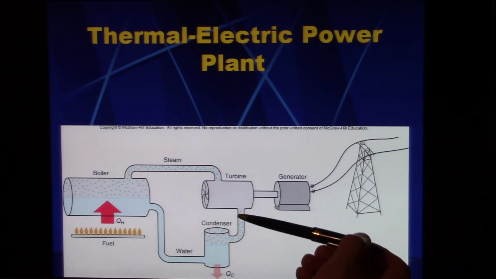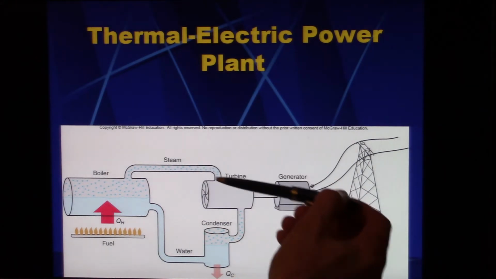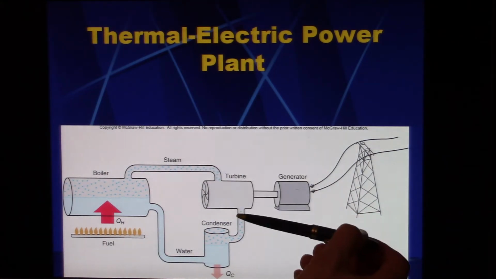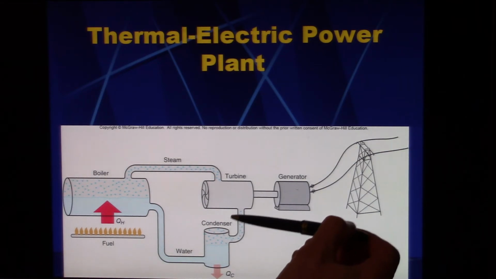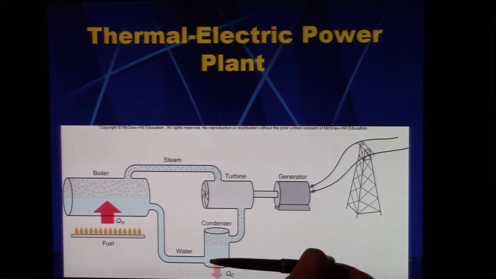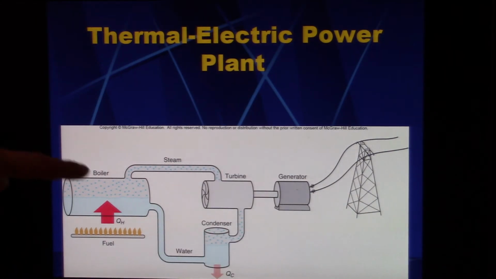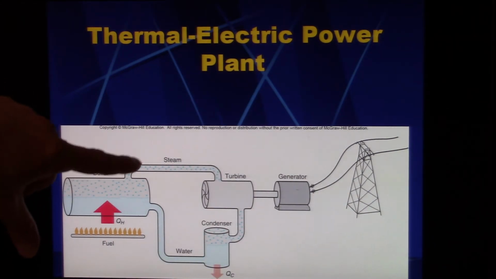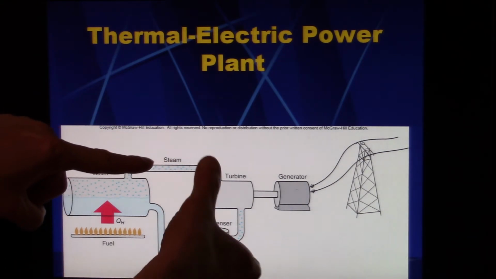Now coming out of here, the steam is at a much colder temperature. Instead of 500 or 600 degrees Celsius, it's about 120, just above the boiling point. It's cooler here, then it condenses back down into water, and the system goes. Power plants are efficient because the temperature difference between here and here is very great, like 400 degrees.